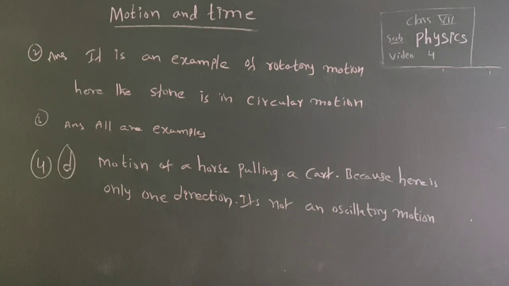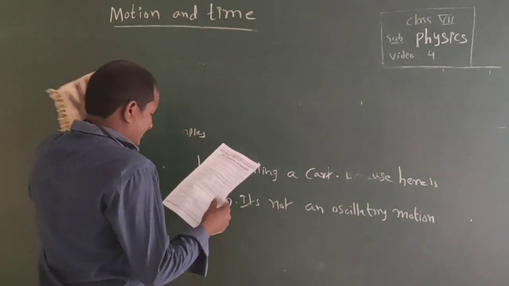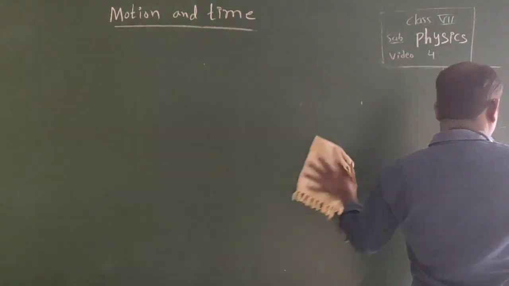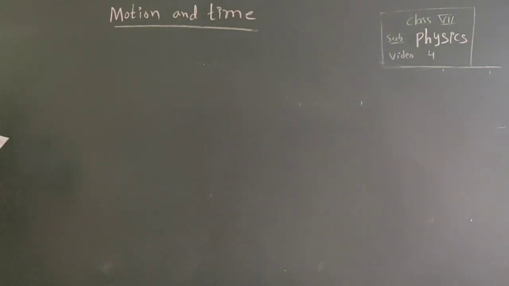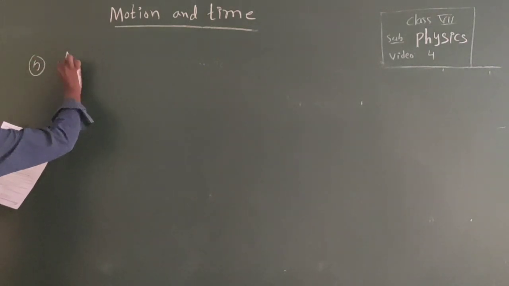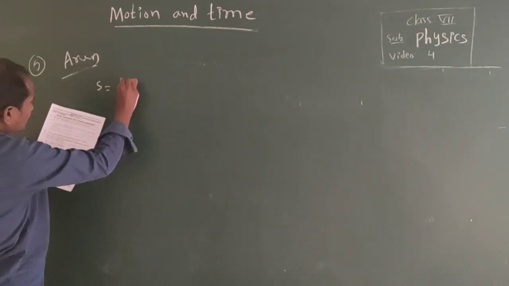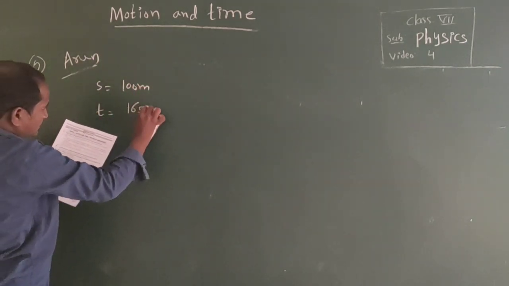Next one. Arun completes a 100 meters race in 16 seconds, while Karthik finishes in 13 seconds. Who ran faster? First, I will find the speed of Arun, next the speed of Karthik. Question number 5. Arun's distance is given, S equal to 100 meters and T is given, 16 seconds.